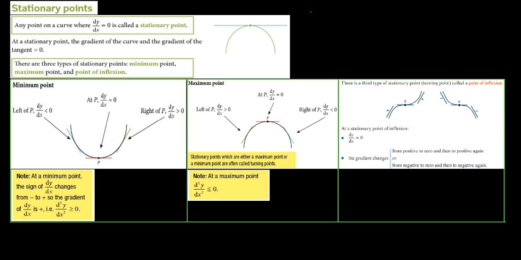Now let's move on to the sum. Find the coordinates of the turning points on the curve y is equal to 2 sin x plus cos 2x for x between 0 and pi, and determine whether these points are maximum or minimum points.